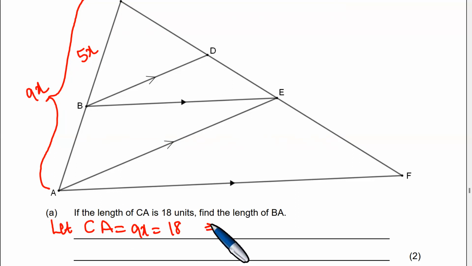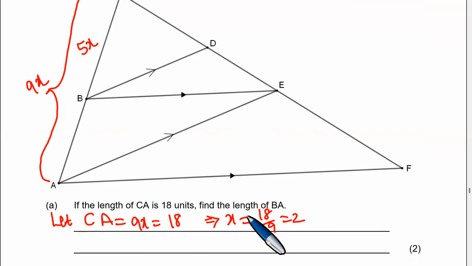So if you have 18, you can divide by 9, so x is exactly 18 divided by 9, and that is 2. If x is 2, you can then find the length of BA.